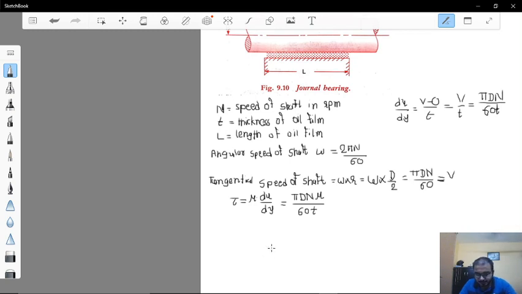So we can write the shear resistance or shear force is equal to tau multiplied by surface area.